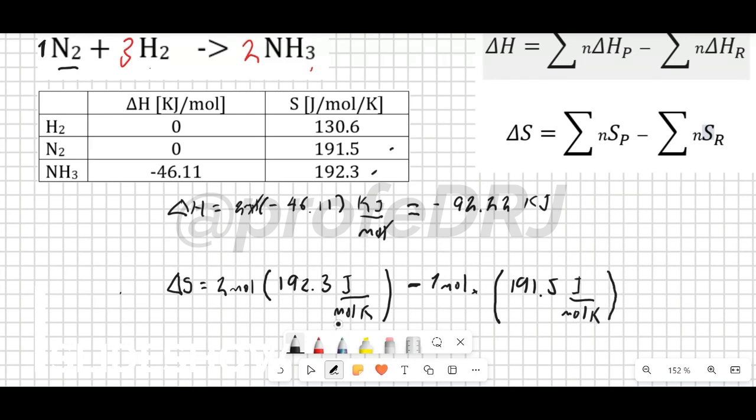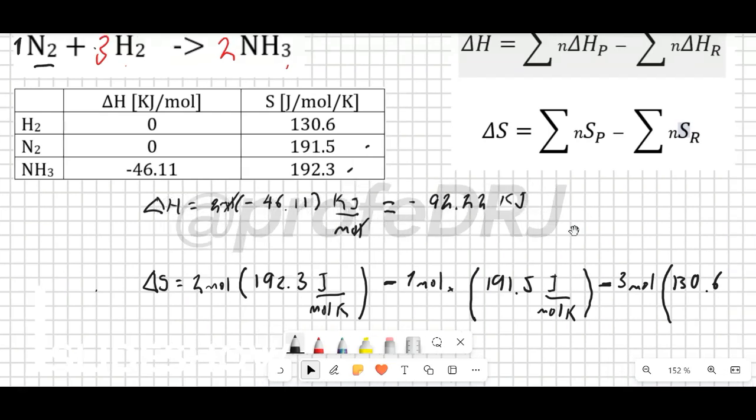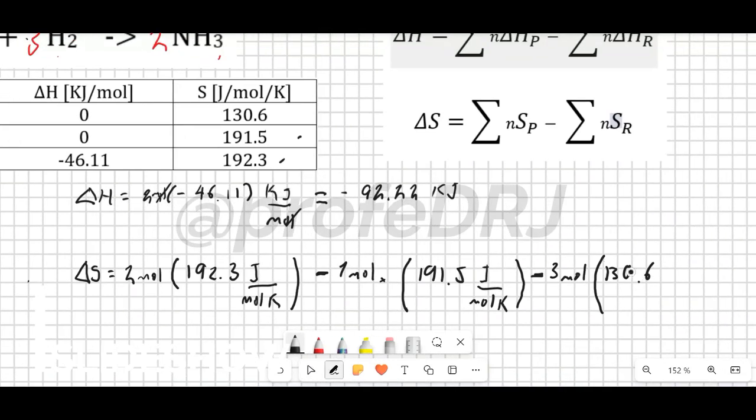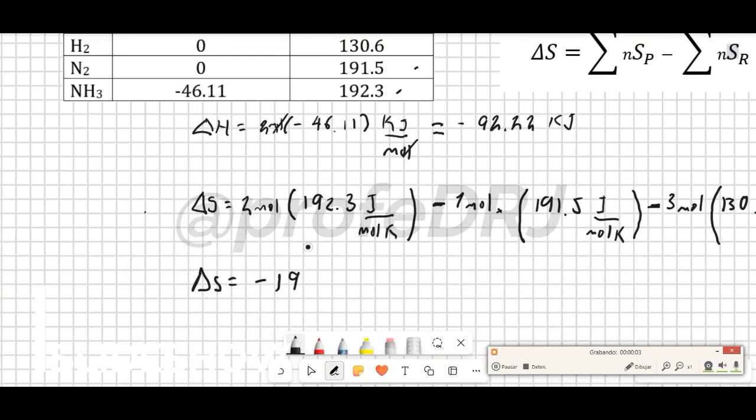Then minus, why minus? Because it's a reactive. It's here, 3 moles multiplied by 130.6. Remember the units. Joules per mole Kelvin. Minus 198.7 joules divided by Kelvin. Why only joules? Remember, moles and moles are cancelled.